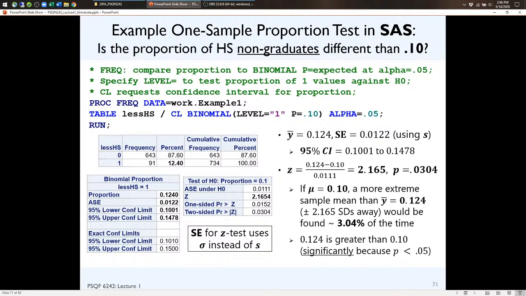In other words, the p-value is less than 0.05, so this has crossed into what we have defined ahead of time as unexpected territory. So we reject the null hypothesis. We would say that not only is our observed proportion of 0.124 greater than the expected proportion of 0.10, but it's significantly greater because p is less than 0.05.